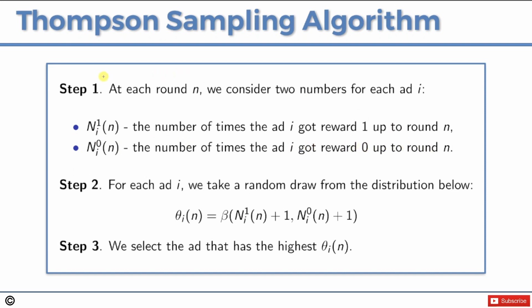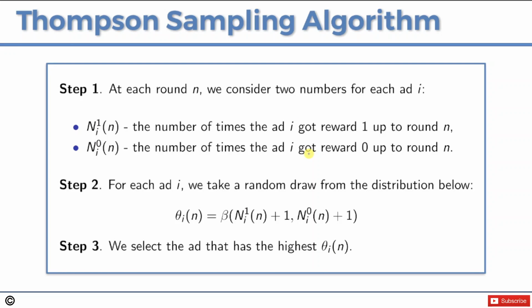So basically what we have to do in this step 1 is create two variables for these two numbers, and we have to initialize them, of course, as 0. 0 for both, because before we begin the first round, these two numbers are equal to 0, because the ad didn't get any reward at all.